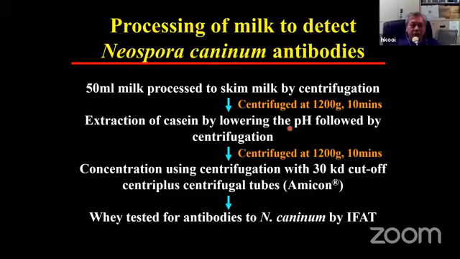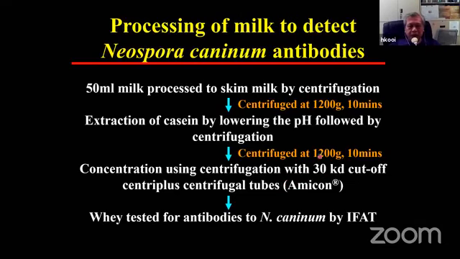Then all you have to do is add in something like acetic acid to bring down the pH. When you bring down the pH, you get what we call the cottage cheese. What is left is the whey, and then you use the whey.